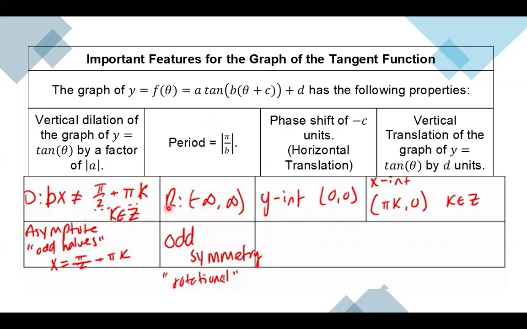Okay, your range is going to be from negative infinity to infinity, which is completely different than sine and cosine. Your y-intercept is going to be at 0, 0. Your x-intercept is going to be pi times k. K is just an integer, a multiple.